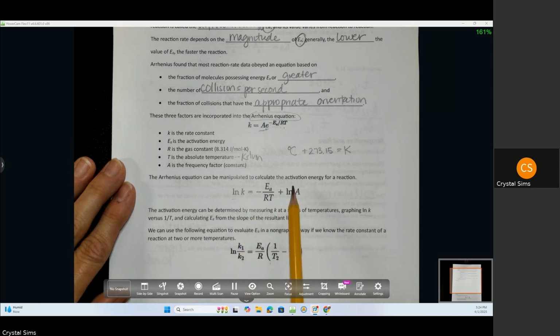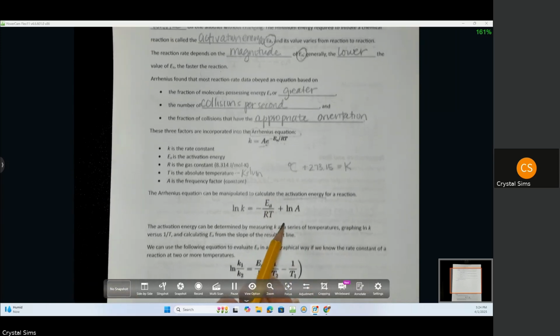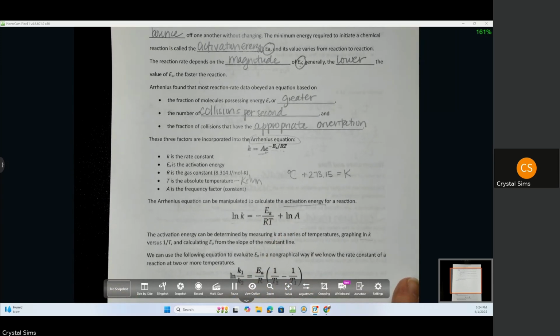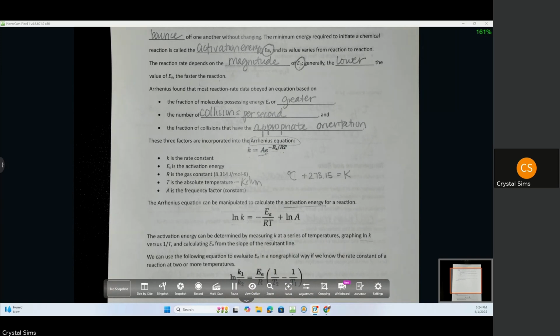So the Arrhenius equation is basically going to allow us to calculate activation energy. I gave you a cheat sheet on this where it goes step by step on how to calculate the activation energy for a particular reaction. This is something you're going to do with the labs that you're going to work on.